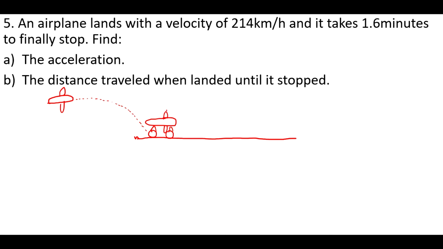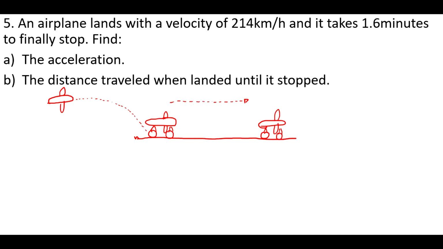Remember, if the problem does not say the direction, I'm going to assume that the direction is always to the right. So the direction is positive. So it's going to move to the right until finally it stops. Let's say that it stopped right here. Okay, that's my airplane. That is completely stopped.